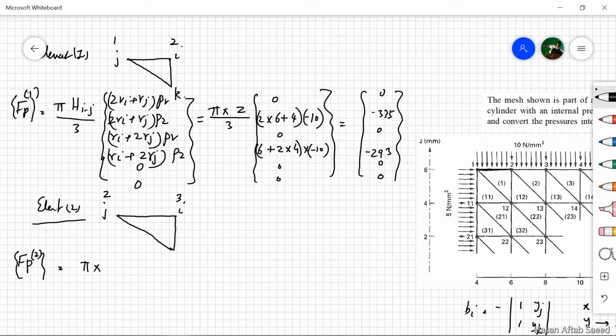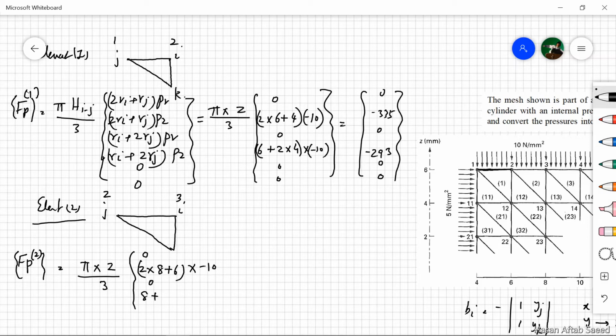The length is again 2 over 3, this is the same. Similarly, r values are 0, but here 2 into 8 plus 6, now we're talking about the next element, into minus 10, again 0.